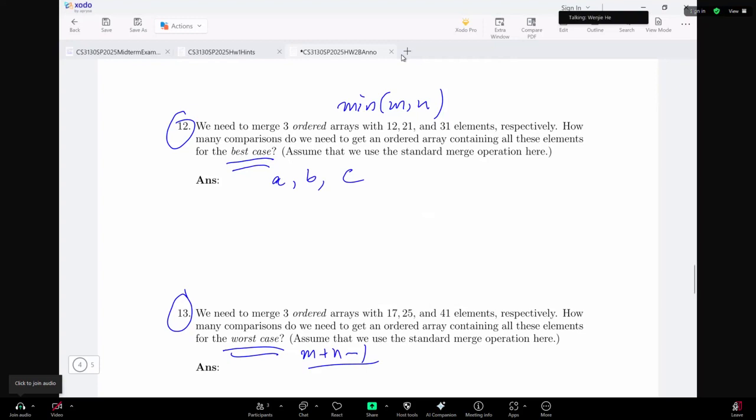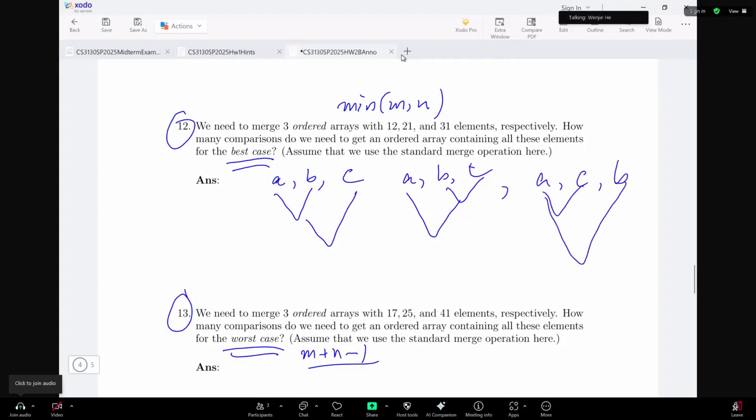The first way, merge A and B first, then with C. Then another way, B and C first, then A. Then another way, A and C first, then B. So you have three different ways to merge.